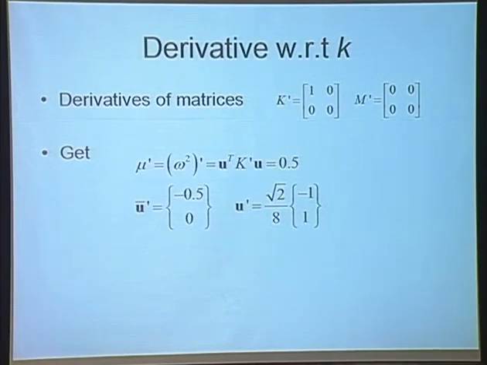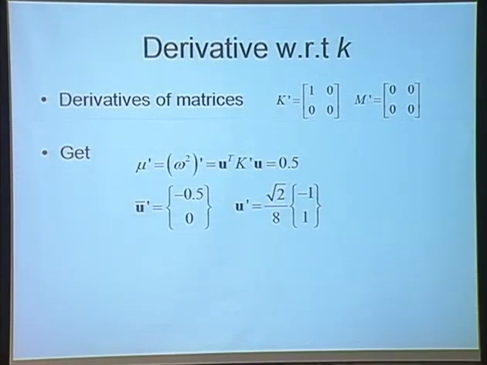And U bar prime is minus 0.5 and 0, from which we'll get U prime as square root of 2 times minus 1 and plus 1. So, as expected, we get that increasing K will increase the vibration frequency.